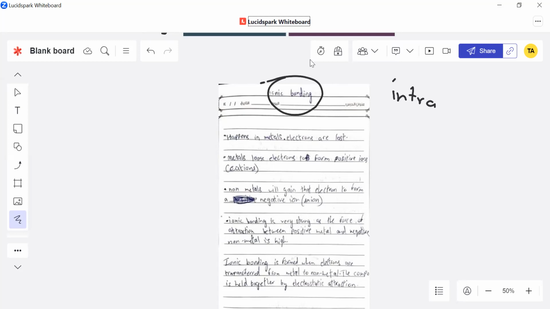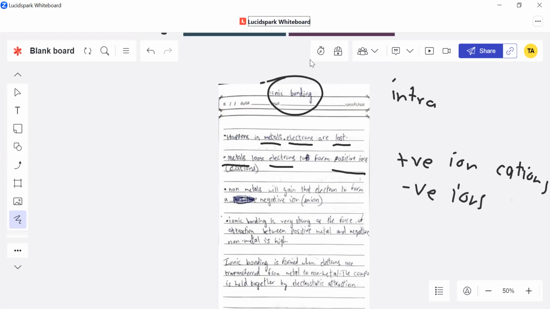It happens mostly in metals and non-metals. Electrons are lost in ionic bonding. Metals will lose electrons to form positive ions. So when metals lose electrons to non-metals, metals will form positive ions called cations. Remember, positive ions are cations and negative ones are called anions.